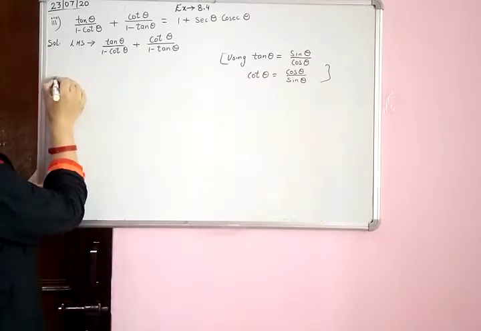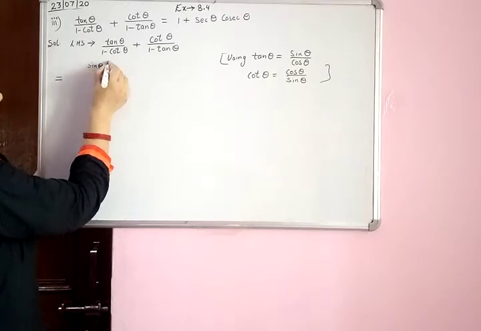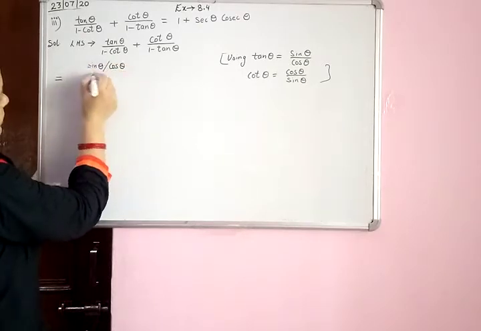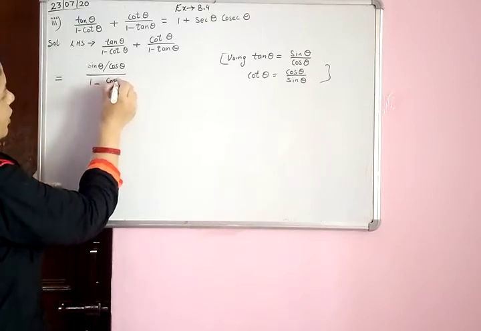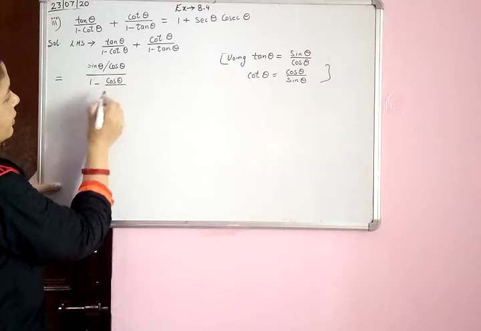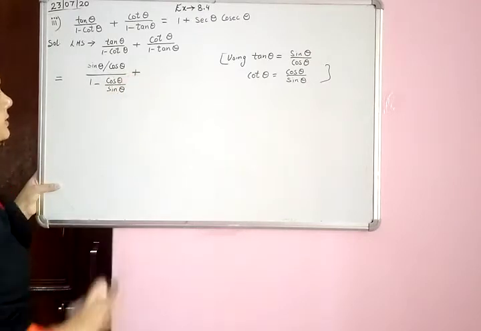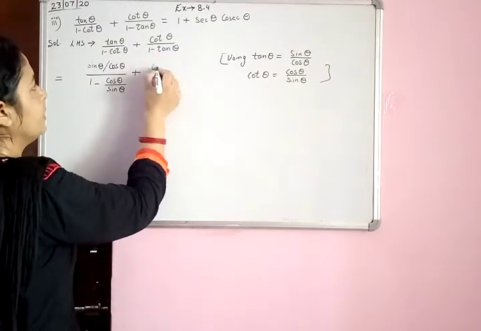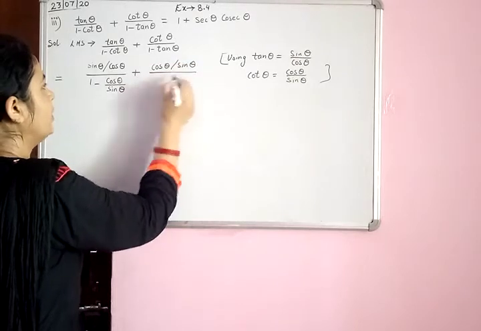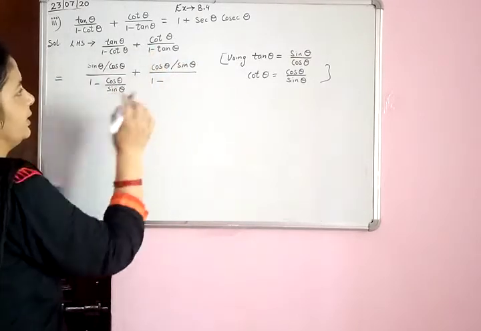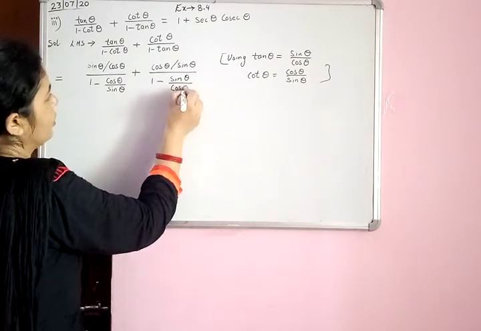Okay, this I am going to use here. So in place of tan theta, I am writing here sine theta upon cos theta, upon 1 minus, in place of cot theta, cos theta upon sine theta, plus similarly in place of cot theta, cos theta upon sine theta, upon 1 minus, in place of tan theta, sine theta upon cos theta.